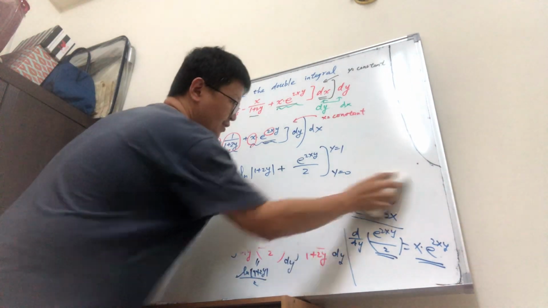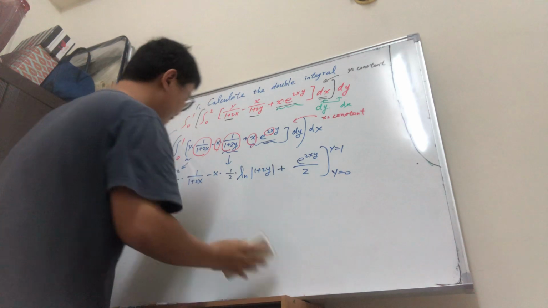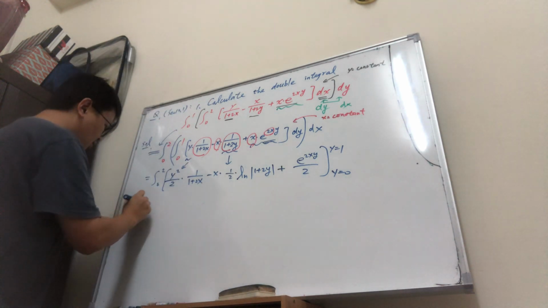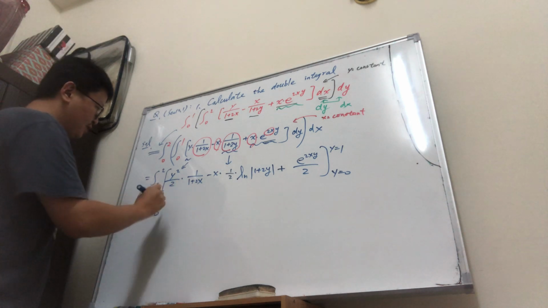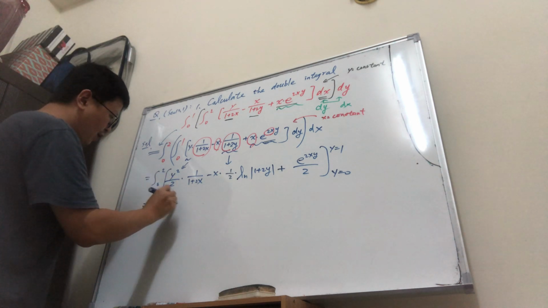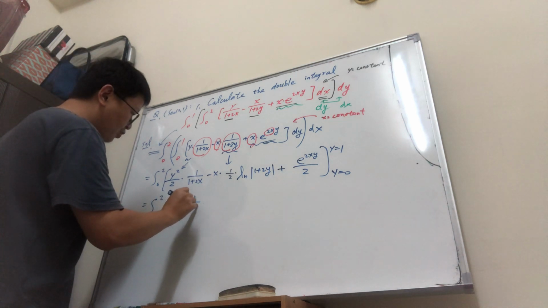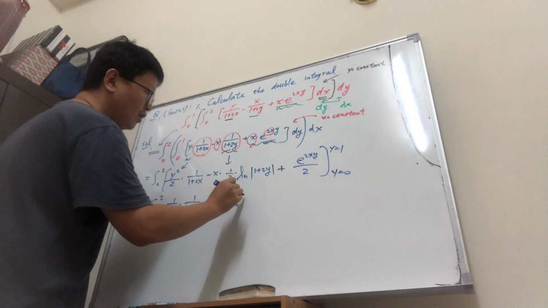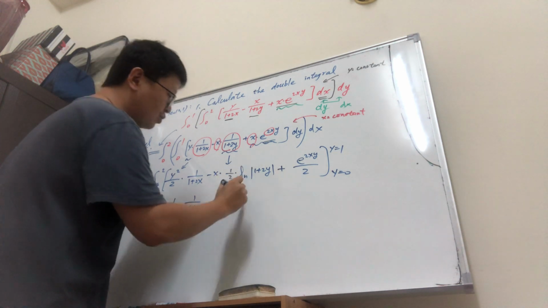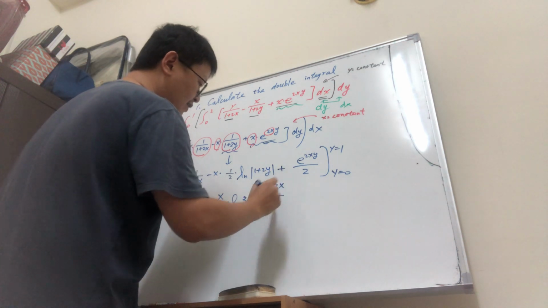Okay, so I erase it. What's this? 0 to 1, so plug in the value 1 and the value 0. So it's 1 half times 1 over 1 plus 2x, subtract x over 2 times natural log of 1 plus 2, natural log 3, plus exponential 2x over 2.